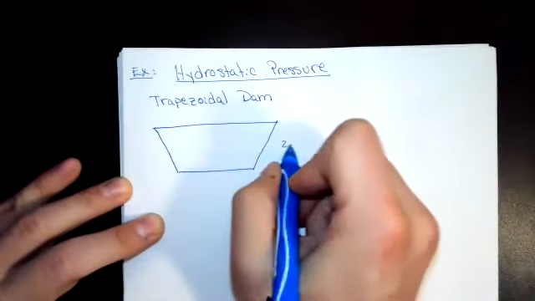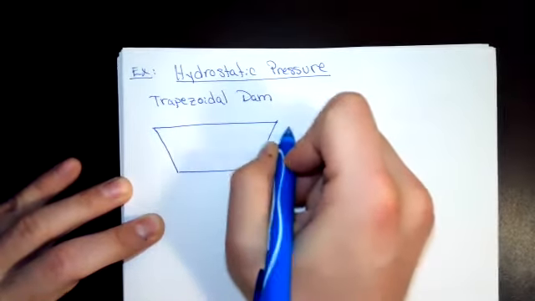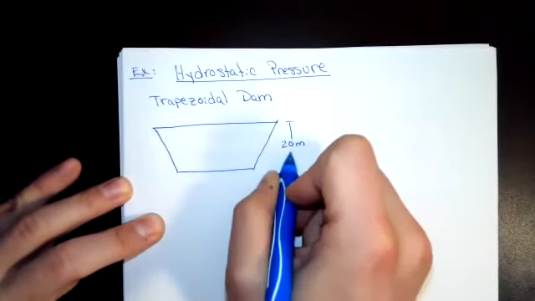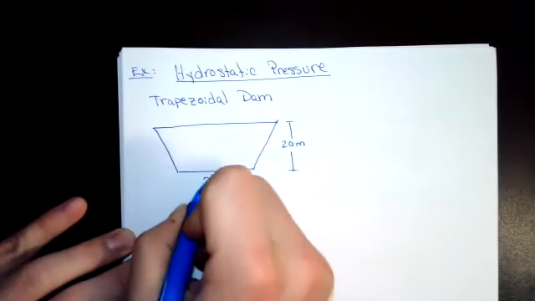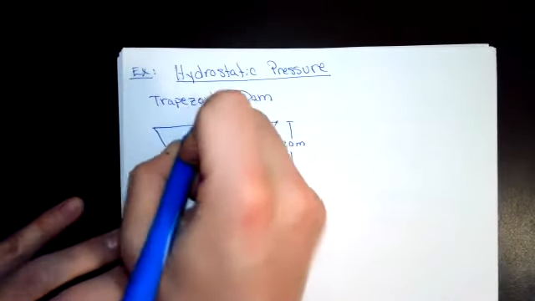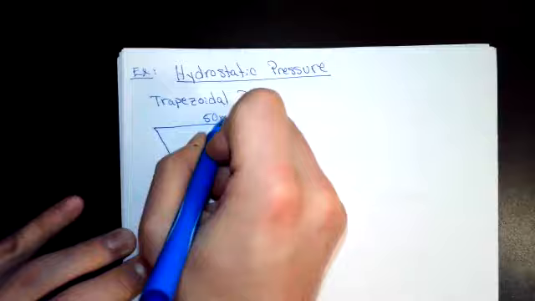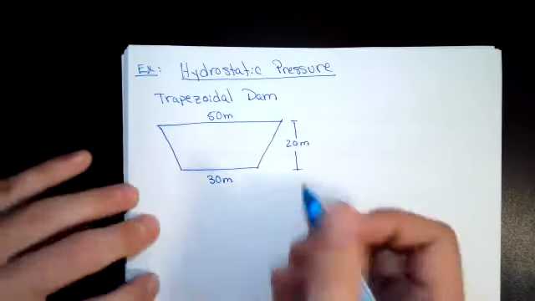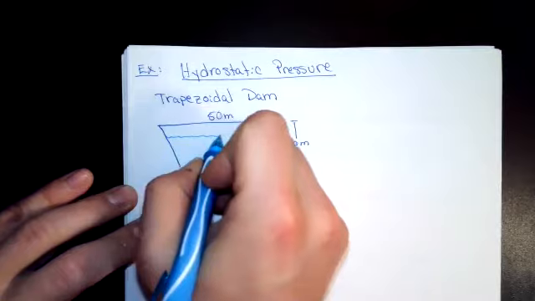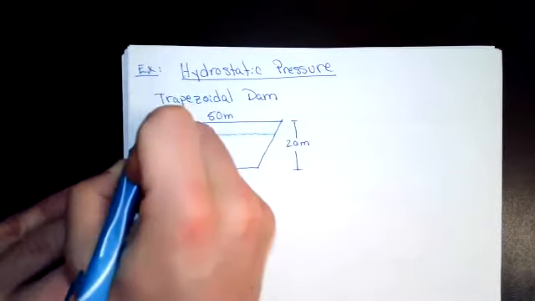It has a total height of 20 meters. It has 30 meters in the base, 50 meters at the top, and then we have water filled 4 meters from the top.